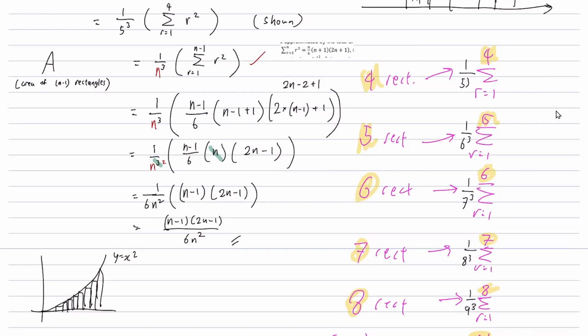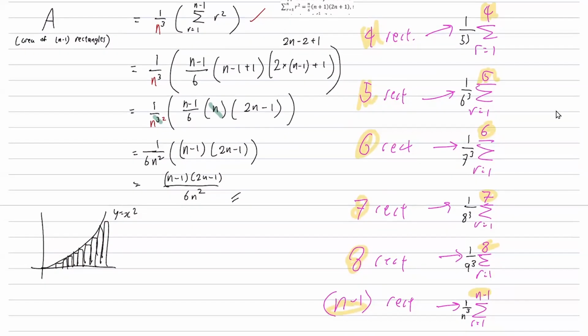So if you want the exact area, what do we want n to turn into? What do we want to do with this A? Limit as n goes to infinity. Exactly. So the exact area, you can briefly explain as follows. Integral 0 to 1 of x squared dx is the exact area.